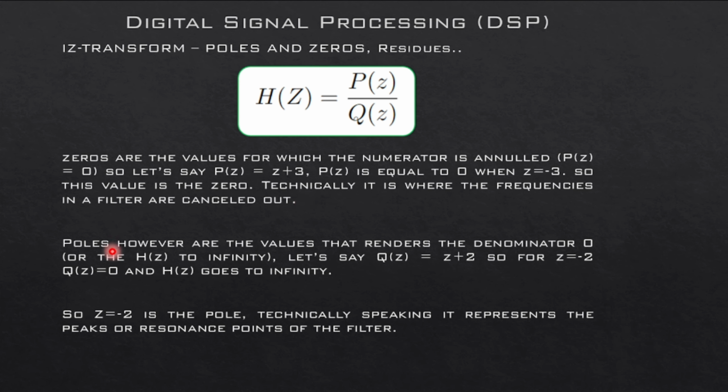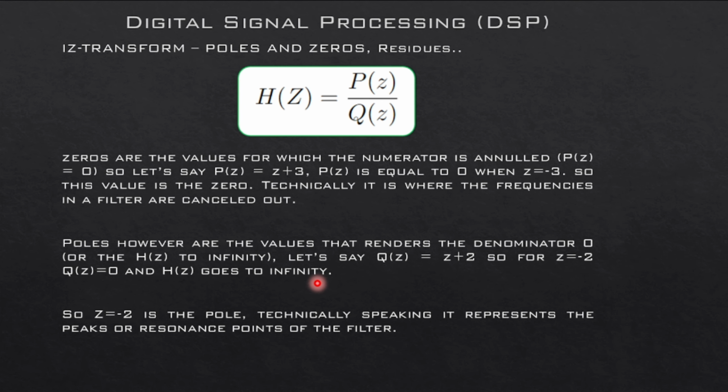Meanwhile, what are poles? Poles, however, are the values that render the denominator 0, meaning that for which values Q(z) becomes 0, these are the poles. If Q(z) becomes 0, then H(z) goes to infinity. So let's say Q(z) is equal to z plus 2. For z equals minus 2, Q(z) is equal to 0, and H(z) goes to infinity. These are the peaks of the system.